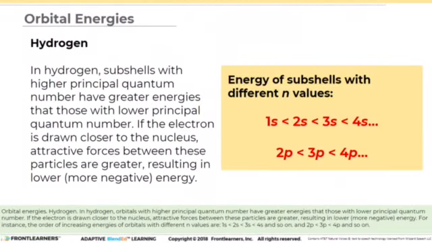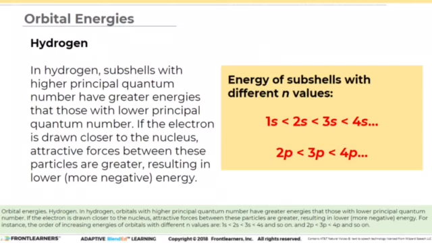Orbital energies. Hydrogen. In hydrogen, orbitals with higher principal quantum number have greater energies than those with lower principal quantum numbers. If the electron is drawn closer to the nucleus, the attractive force between these particles is greater, resulting in lower or more negative energy.